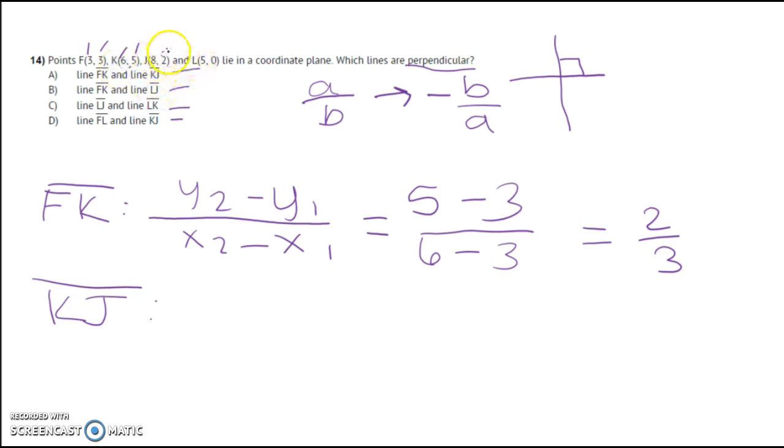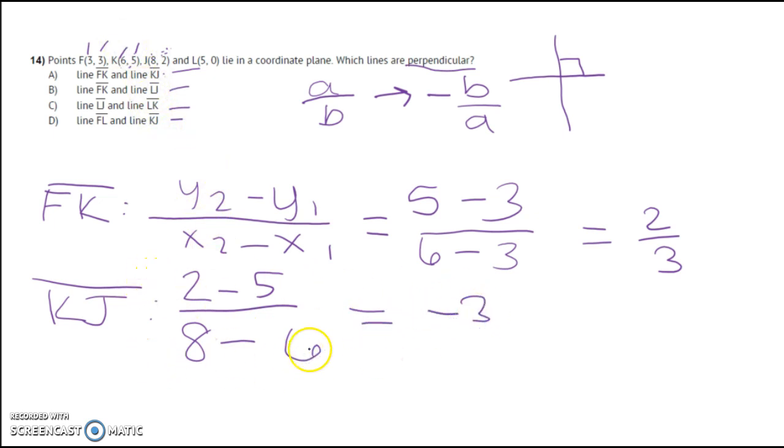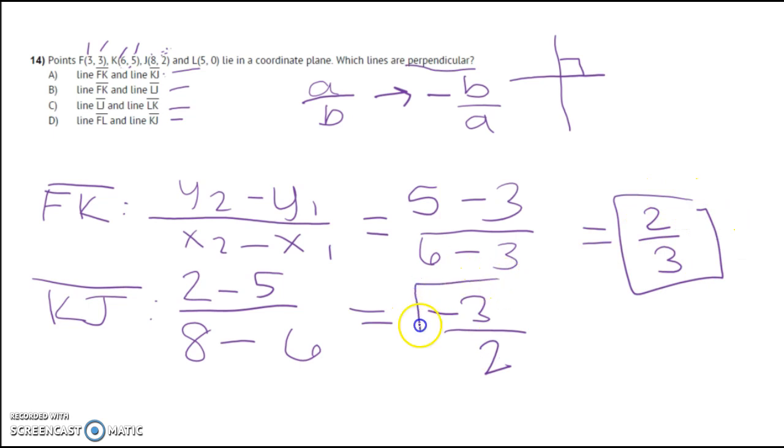Your y2 is 2 minus y1 is 5, over x2, which would be 8, minus x1, which would be 6. So 2 minus 5 is negative 3, and 8 minus 6 is 2. So the slopes of these lines are 2/3 and negative 3 over 2.